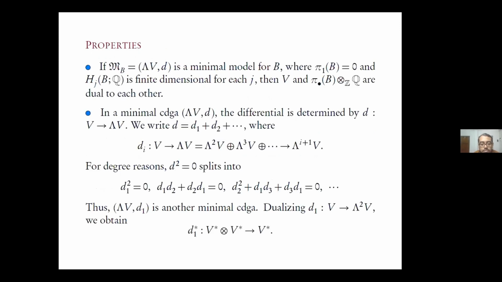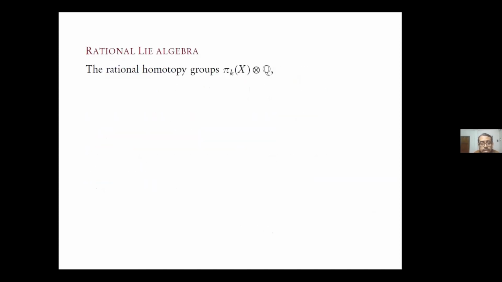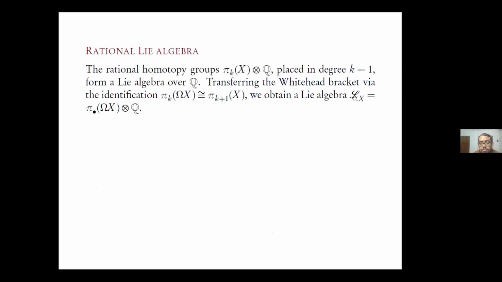Yeah, so I talked about this thing and I said that this is a Lie bracket, but now for vector spaces over Q. So here you take this Lie algebra Lx, which has a Lie bracket, which is the Whitehead bracket transferred, or you can take the usual Lie bracket generated by the Whitehead bracket on the usual homotopy groups of X tensor Q. So that Lie algebra structure is nothing but the structure that we obtain from D1 star, or obtained from D1.